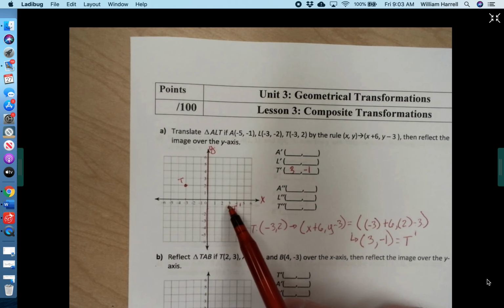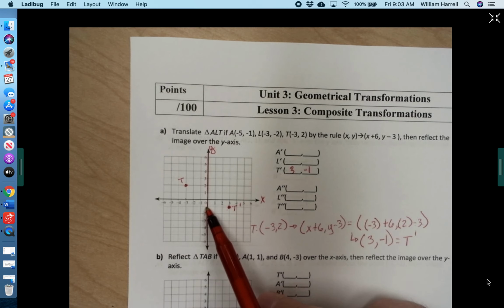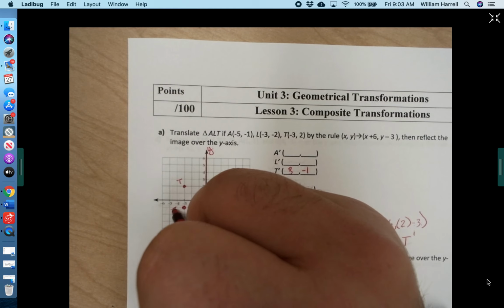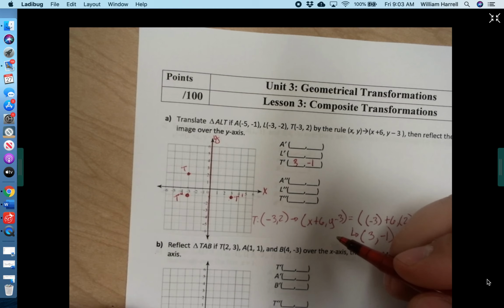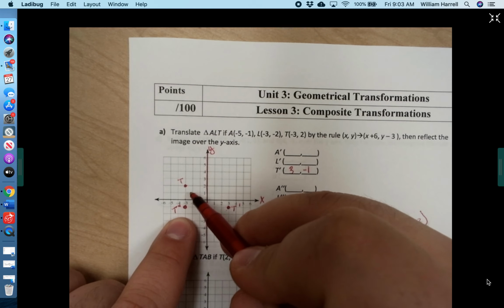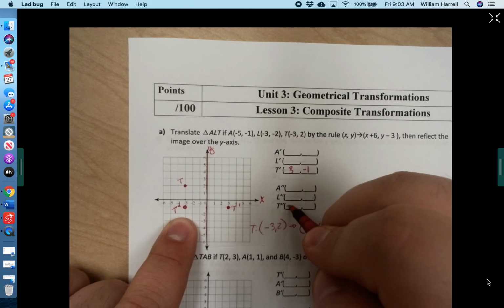This one, if I count to the line, I go 1, 2, 3. I'm 3 right from my line, so now I just need to go 3 left. 1, 2, 3. It's going to be T double prime, and then I plot this, and it becomes (-3, -1).